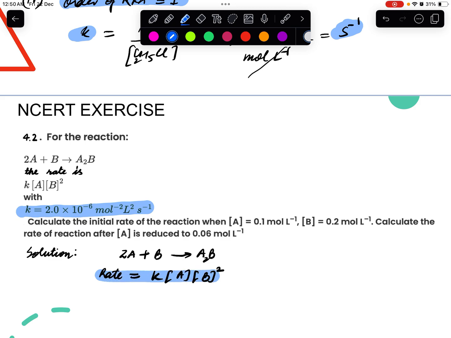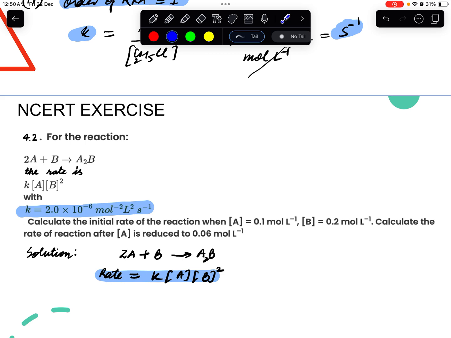What we have to do in this question is calculate the initial rate of the reaction when the initial concentrations of A and B are given, and calculate the rate of the reaction after A is reduced to 0.06 moles per liter.